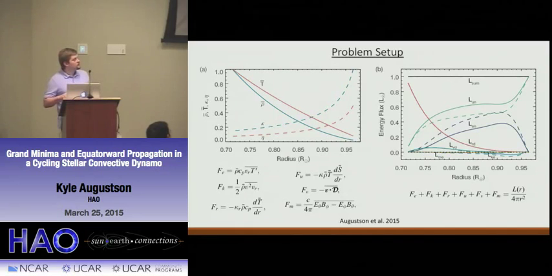You have an unresolved flux, which is basically the L equals 0 component of the entropy diffusion. You have an enthalpy flux, which is the energy carried by the convection. And down here we have small fluxes related to kinetic energy, magnetic energy, so basically Poynting fluxes, and viscous fluxes from the slope-limited diffusion.